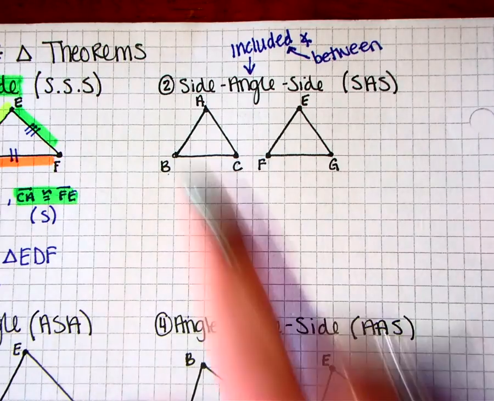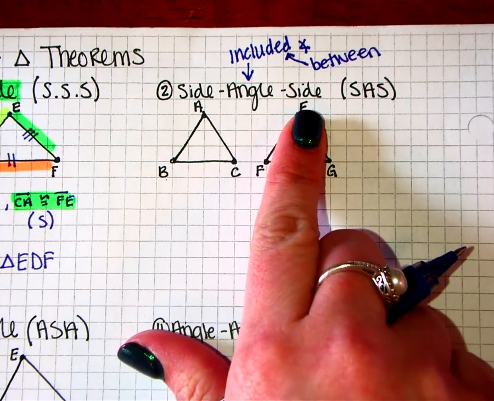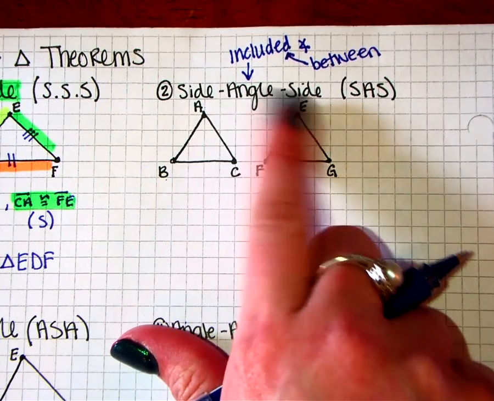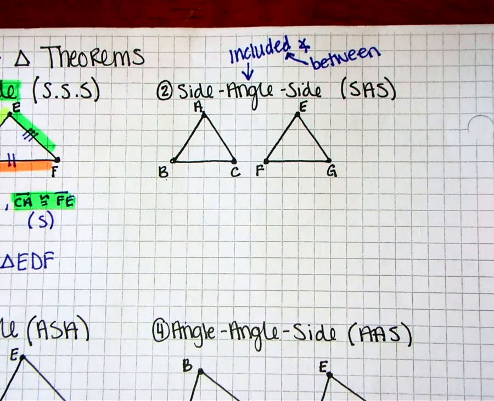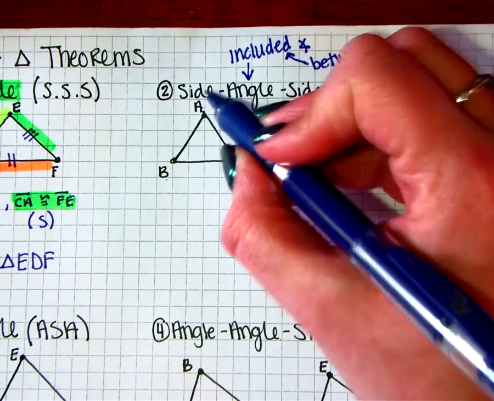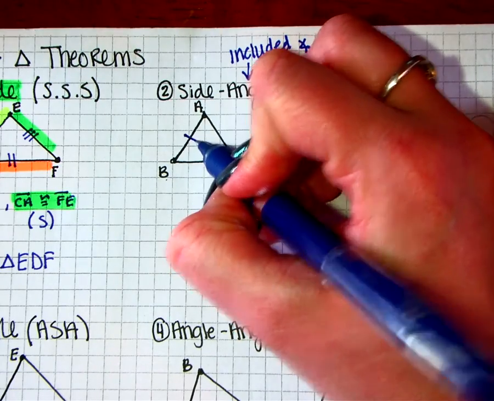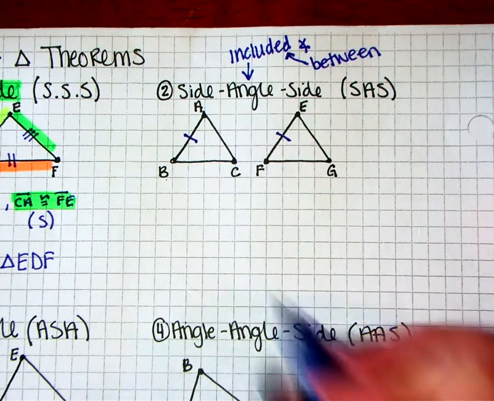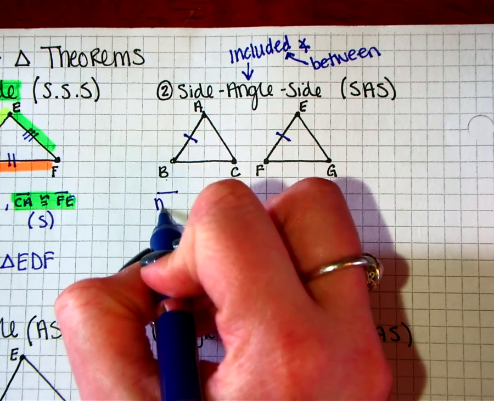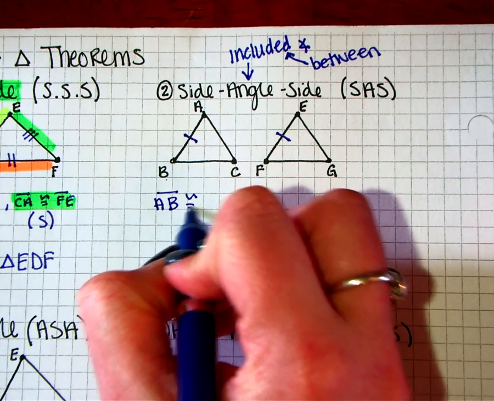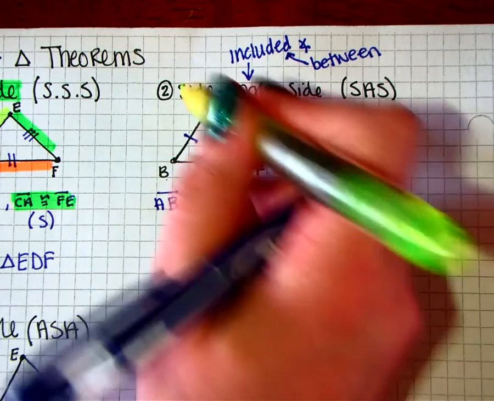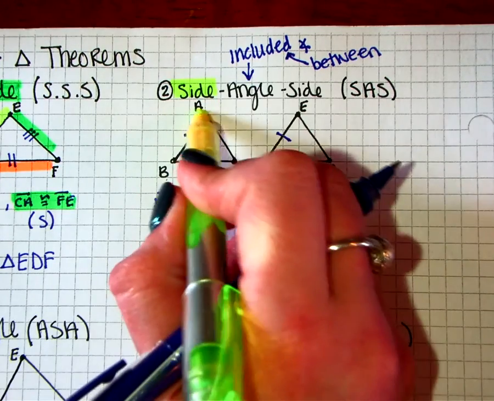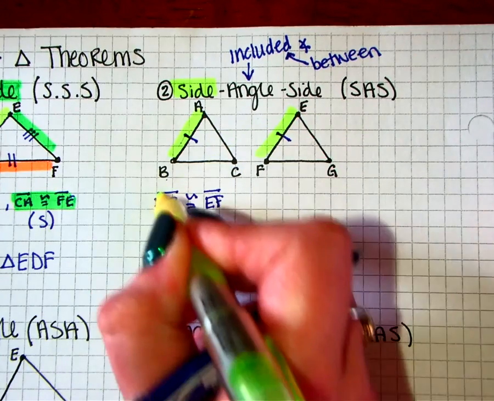So basically, for side, angle, side to work, you have to have 2 congruent sides with a congruent angle in between. So let's just make this up as we go. Let's start with our first side, AB, and EF. So segment AB is congruent to segment EF. That's going to represent our first side, AB, EF.